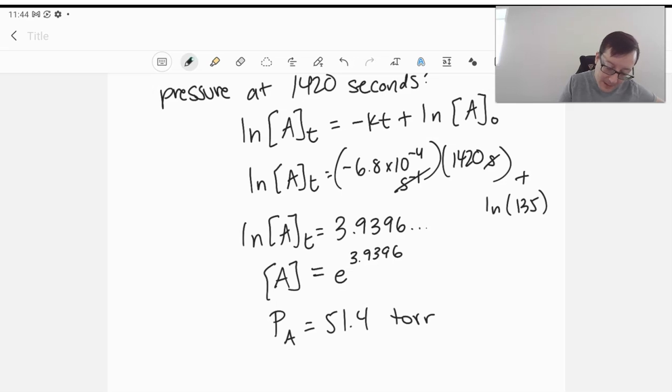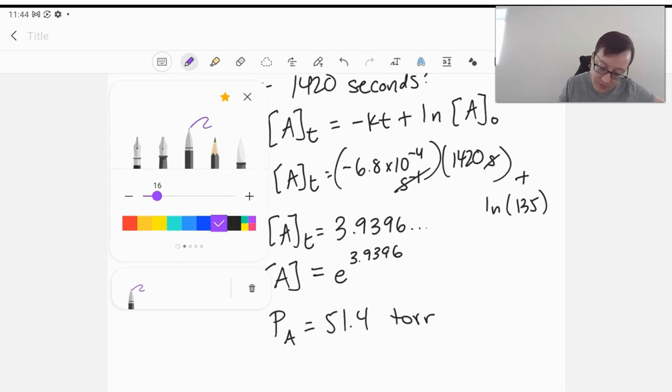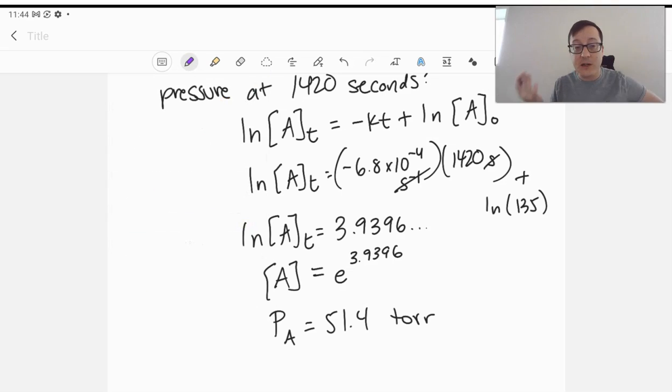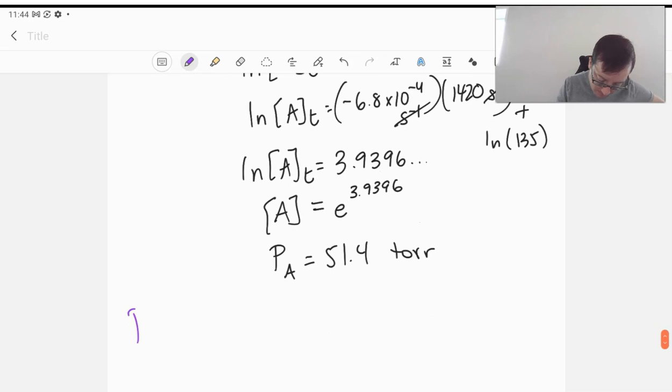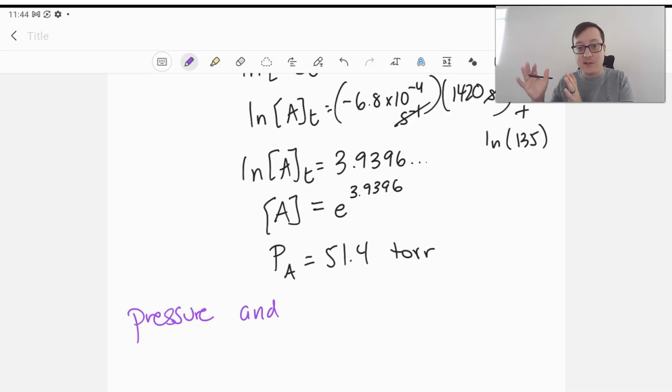Remember that, again, I'm going to note this, although we have been focusing on concentration, pressure and concentration are interchangeable for gases, as long as you're using the same thing throughout. Don't start with one concentration and then use a pressure later. Use pressure for both.